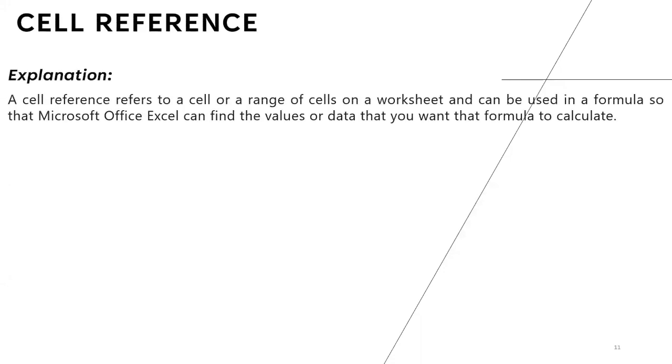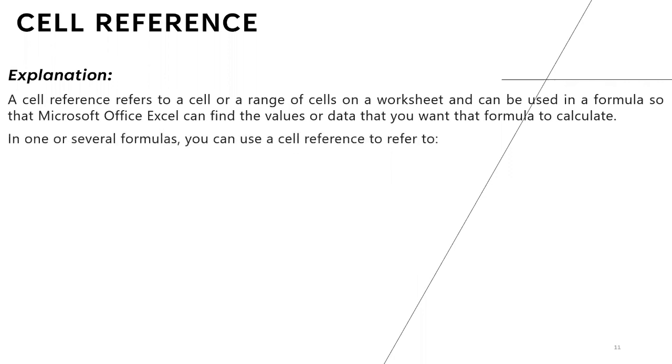Now moving further, let's talk about cell referencing. So what does cell referencing mean? A cell reference refers to a cell or range of cells on a worksheet and can be used in a formula so that Microsoft Office Excel can find the values or data that you want that formula to calculate. This is the simple explanation for cell reference.